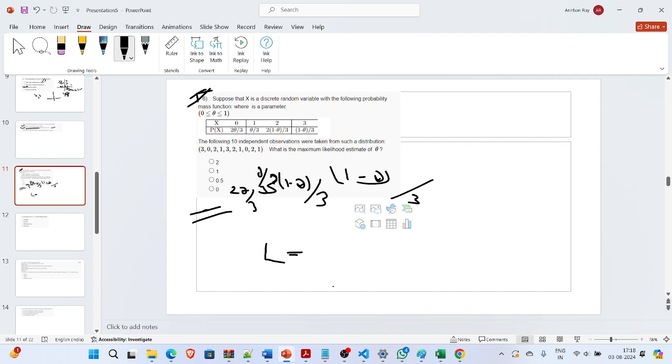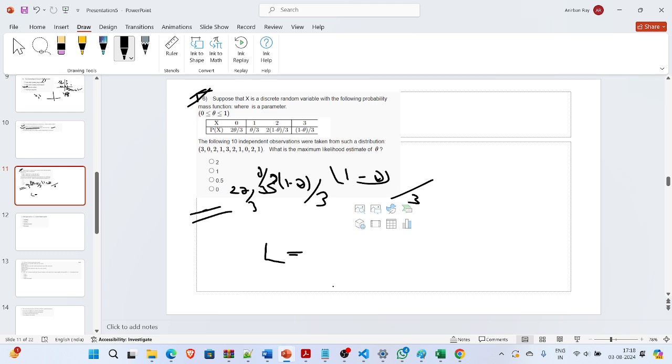Okay, so how do I write the likelihood here? We have to write in the intersection form the probability of all the samples. But you also remember that in this case we already consider that the probabilities are independent of each other, right?